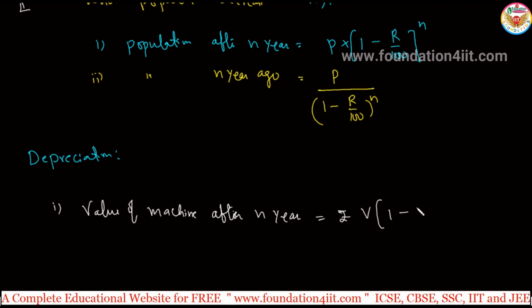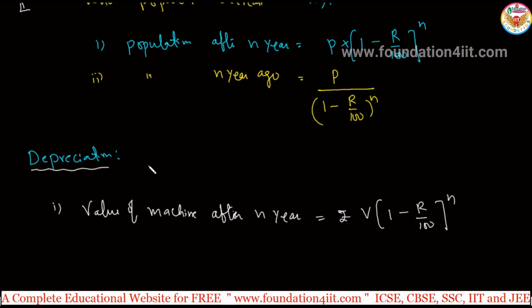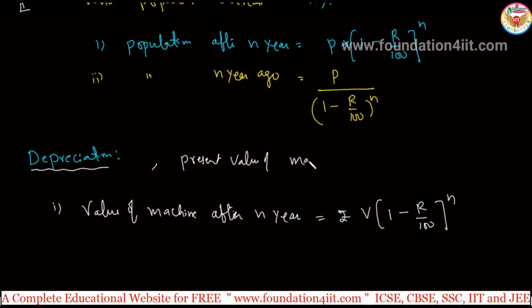V into (1 minus r by 100) all to the power n, where the present value of the machine is V.